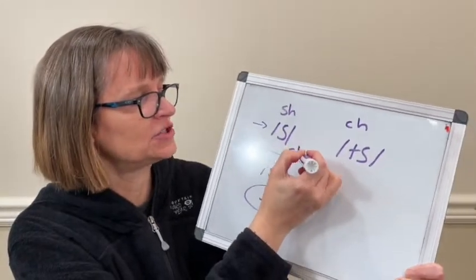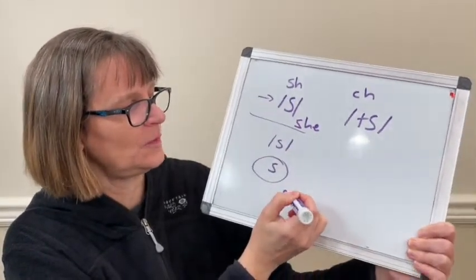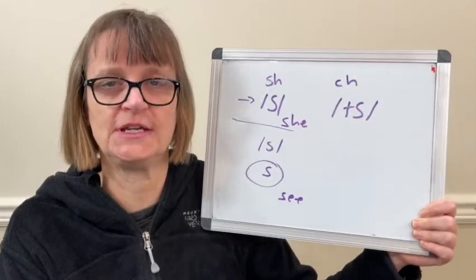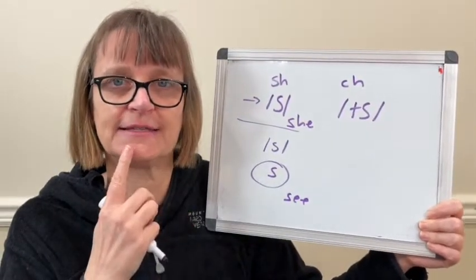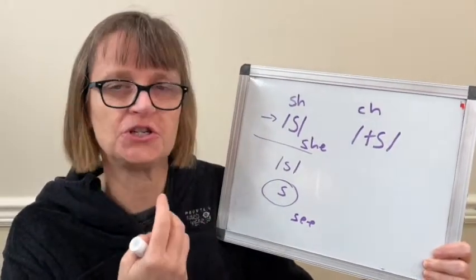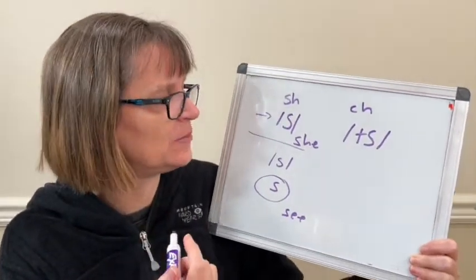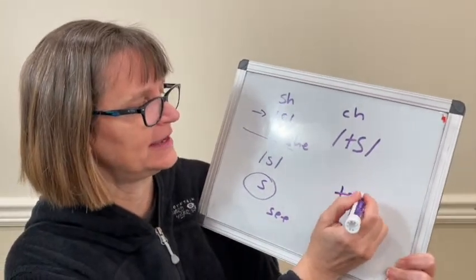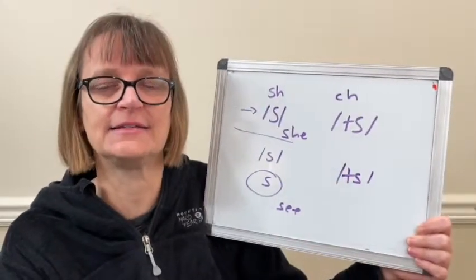So you really want to make sure that when you're saying a word like she, it doesn't sound like see, that the tongue is not coming too far forward. And then with CH, if the tongue came too far forward, it would be more like a TS sound.